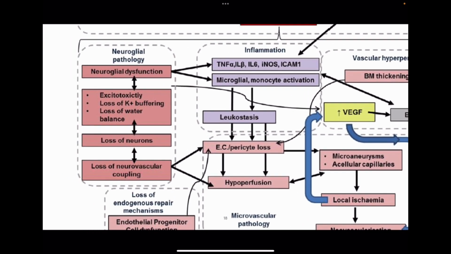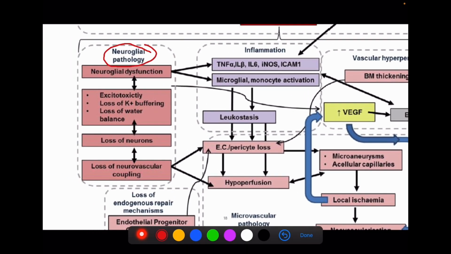But in diabetic retinopathy there is also neuroglial dysfunction, and this leads to a number of metabolic disturbances, ultimately leading to the loss of neurons and loss of the neurovascular coupling that I had mentioned before. These also lead to loss of endothelial cells and pericytes, ultimately leading to the same result of microvascular dysfunction.